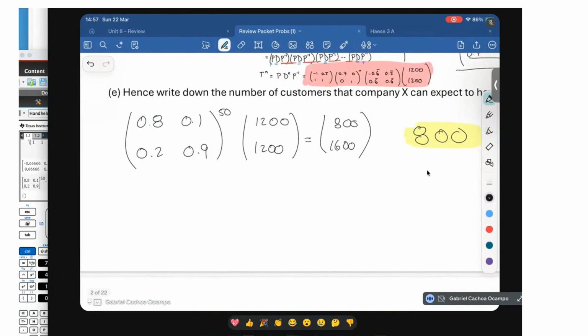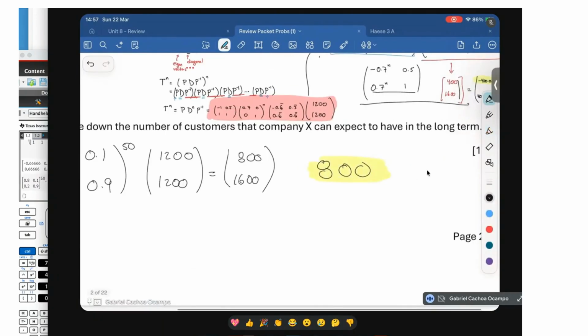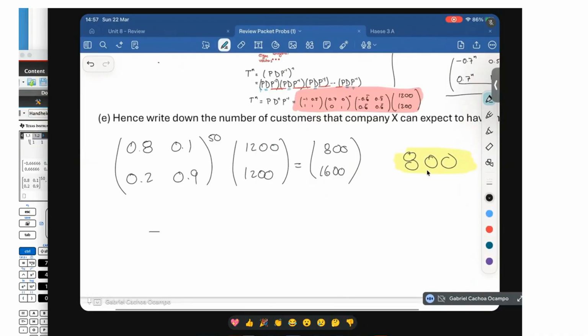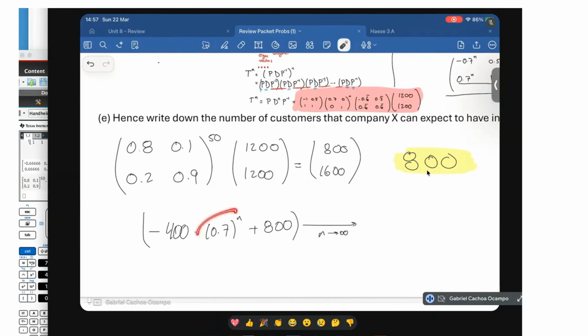Another way of solving this last question is to observe that your expression is negative 400 times 0.7 to the n plus 800, and observe where this expression goes as n goes to infinity. So this part goes to 0, no? And 0 times 400 is 0, so this goes to 800. Both ways of seeing it are great.